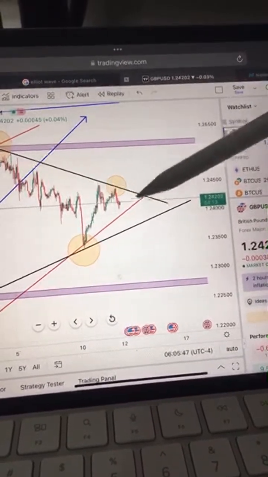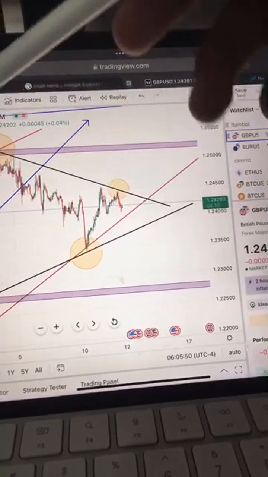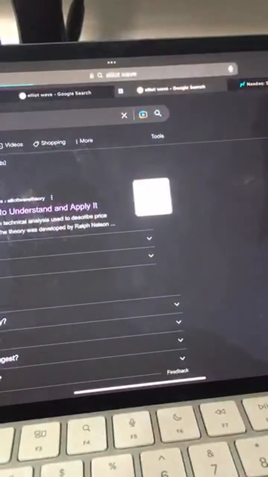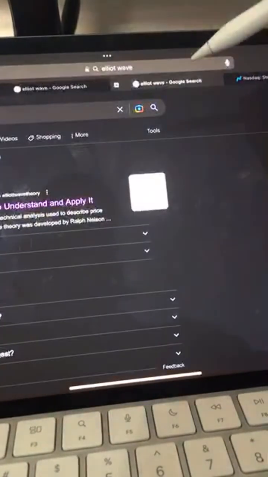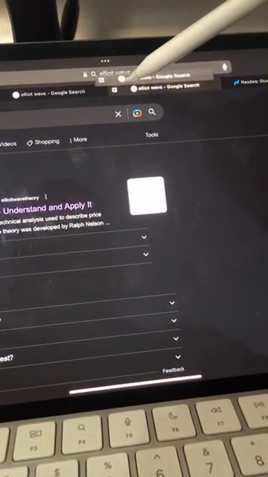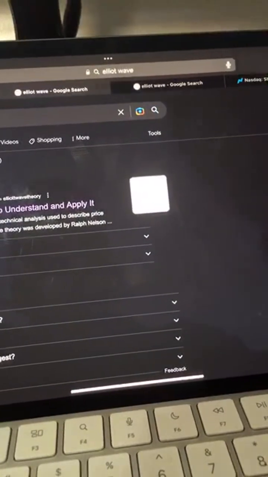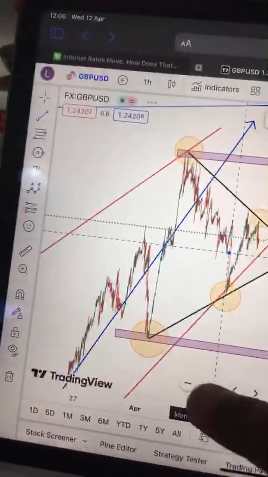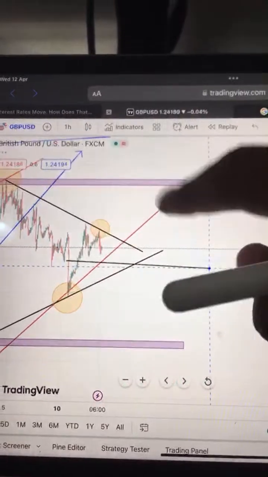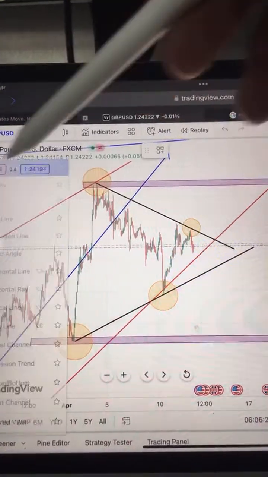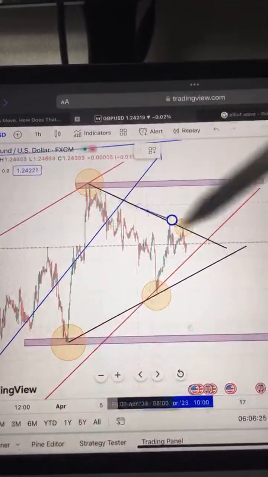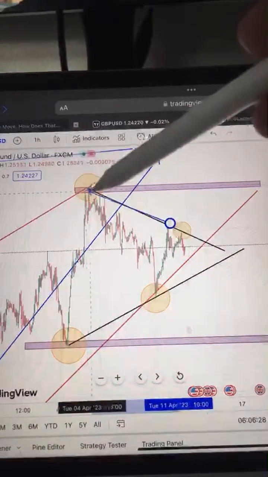If this breaks right here and there's a confirmation, and if this chart breaks this channel that is right here, it will go up and my target price will be on my touch 1.